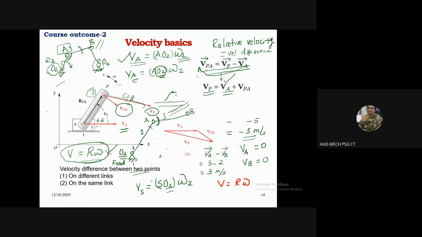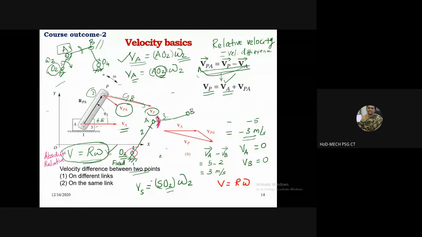But whether this V equal to R omega is an absolute velocity or a relative velocity depends on whether you are considering it with respect to a fixed point, or the velocity of B with reference to a moving point. Now this point B can have relative rotation about point A. But point A itself is moving.